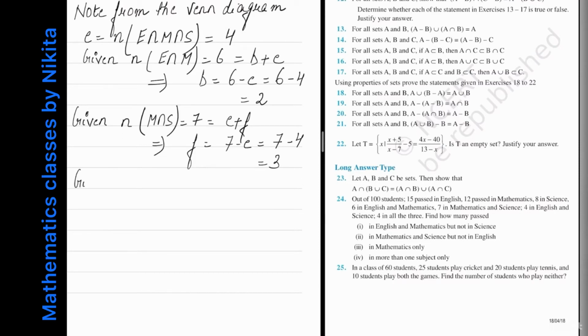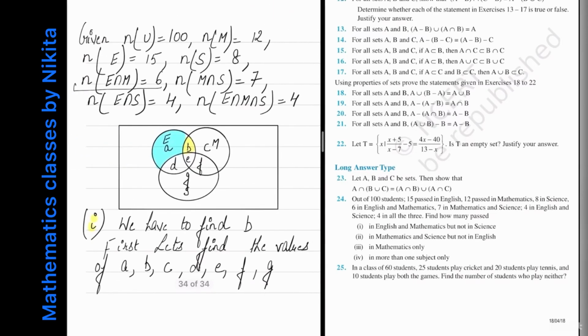Now next it is given that n of E intersection S is 4. But what is E intersection S from the diagram?